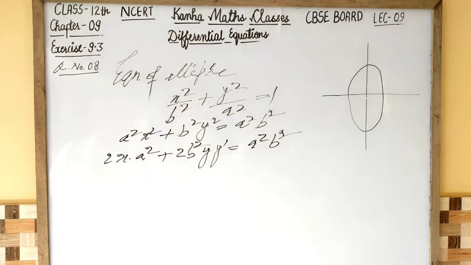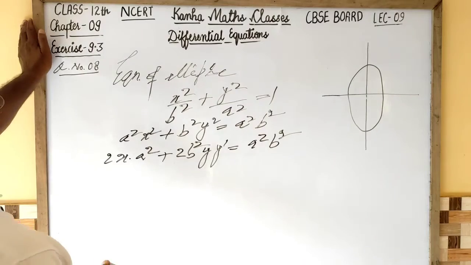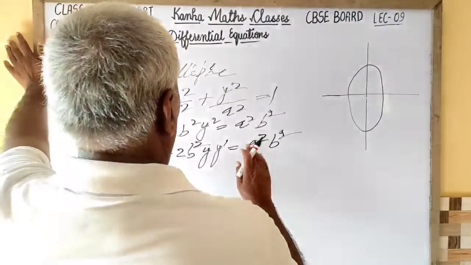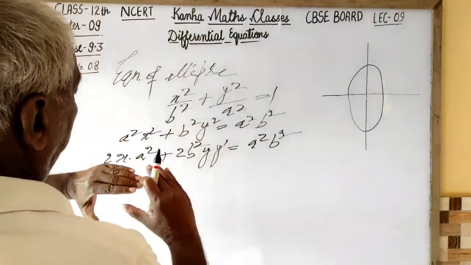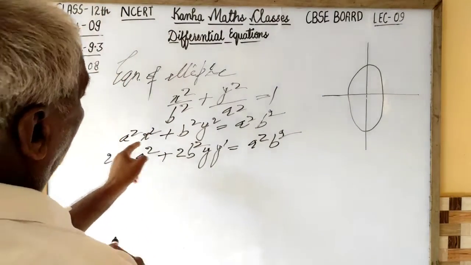Now this will be equal to 0 because we are taking the first derivative of this equation.